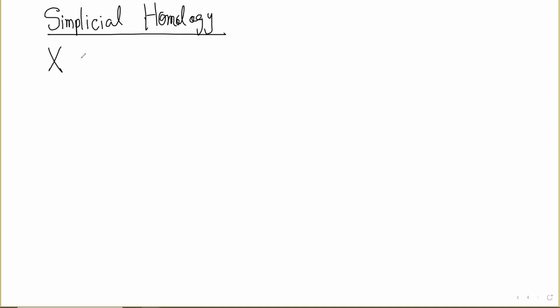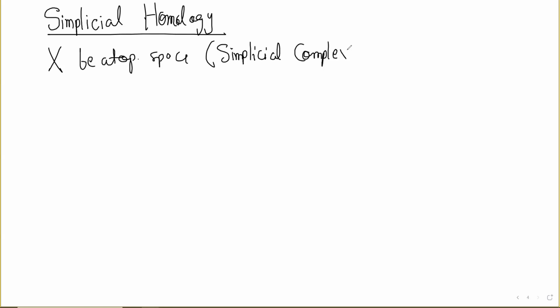So let X be a topological space, and it will actually be a simplicial complex, but let me not define it. What I will give as an example will be a simplicial complex. Right, now I should just give an example, which I will be considering.